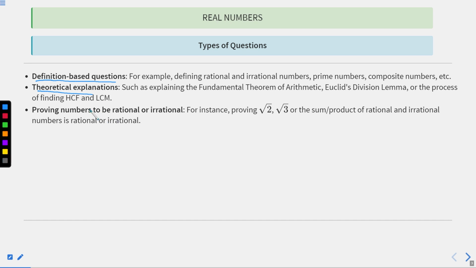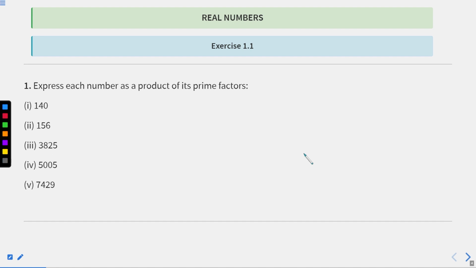The third type is proving numbers to be rational or irrational, for instance, proving root 2, root 3, or that the sum or product of a rational and an irrational number is rational or irrational.